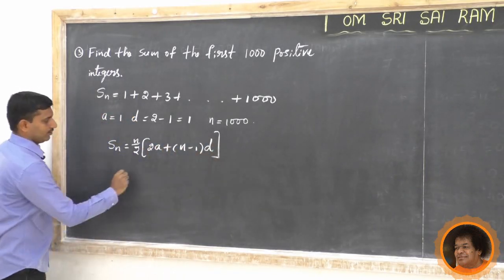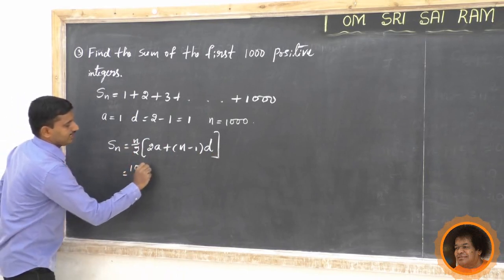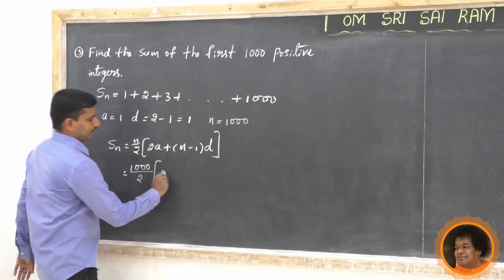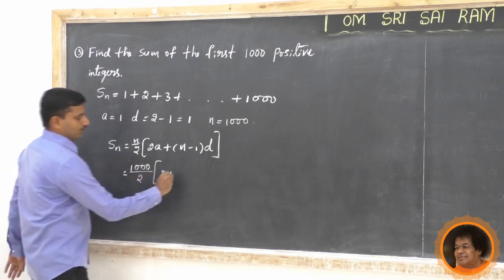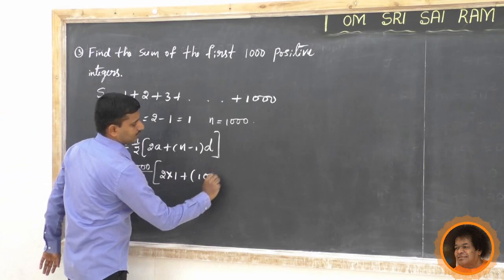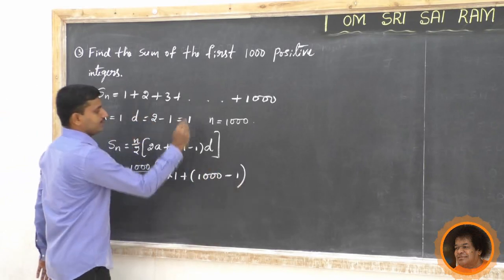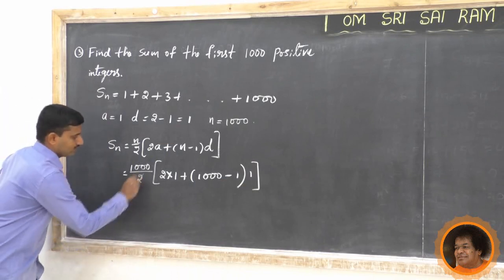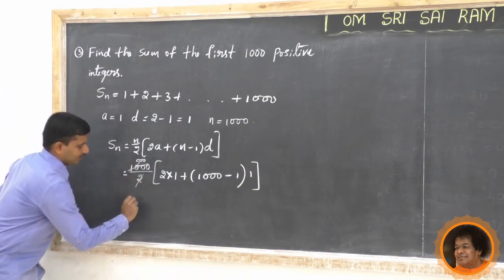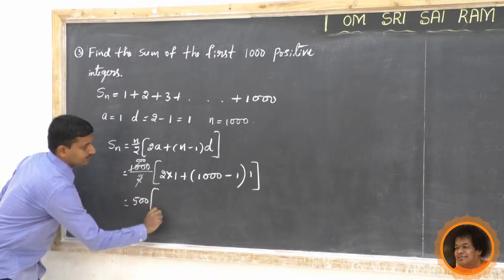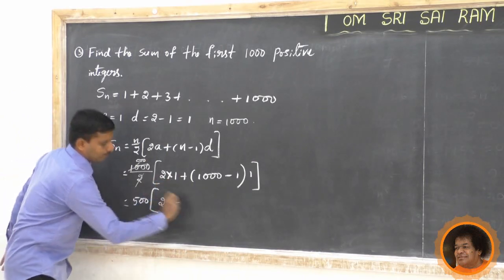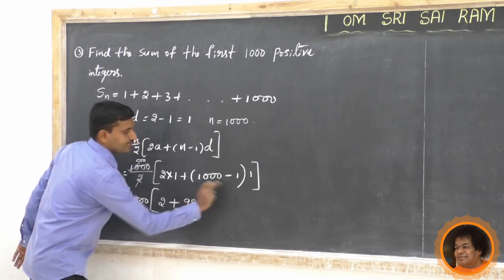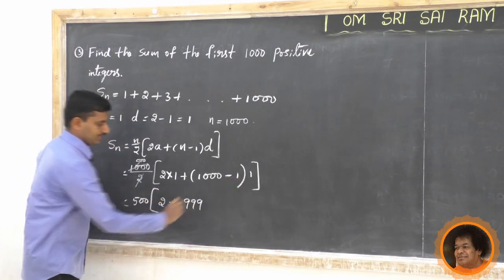Now substitute the values: n, the number of terms, 1000 divided by 2, into 2 into first term 1, plus 1000 minus 1 into d value, that is also 1.